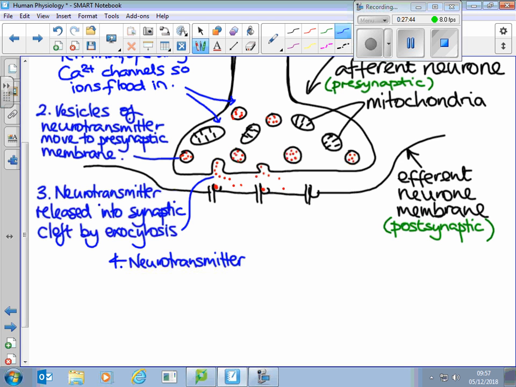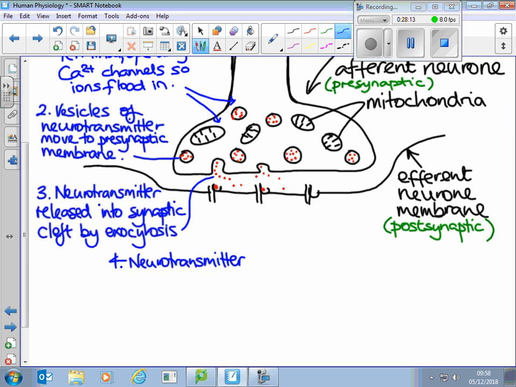Some neurons actually have different types of receptor on them, and they have several incoming neurons. And you can have some neurotransmitters which will cause an impulse to be passed on, and some that will inhibit an impulse being passed on. So you can have inhibitory or excitatory synapses, effectively.